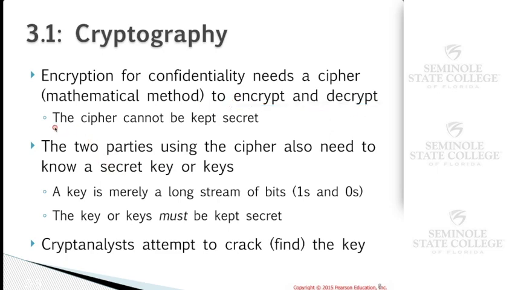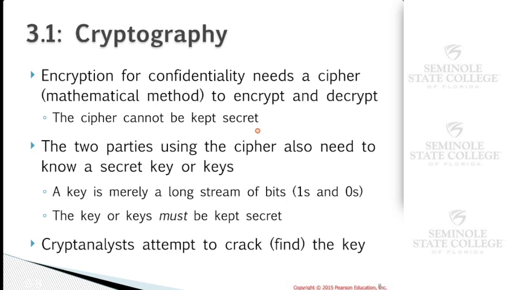The tenet here is that the cipher cannot be, or should not be, kept secret. Why? Well, what if you don't tell anybody what cipher you're using? Guess what? There are a limited number of ciphers out there. So if you are trying to keep that secret, it's not going to last for long.